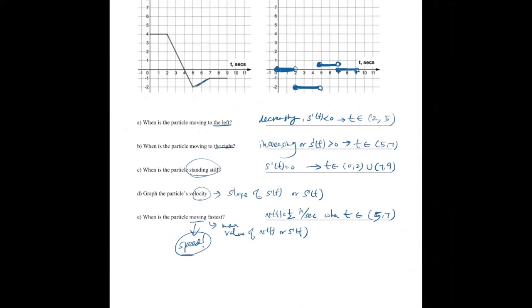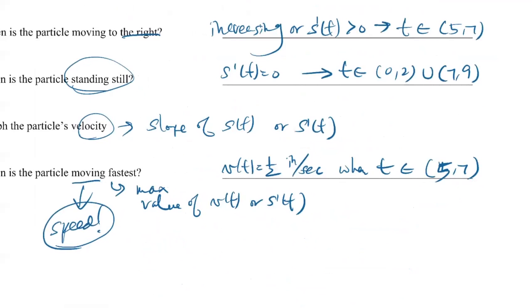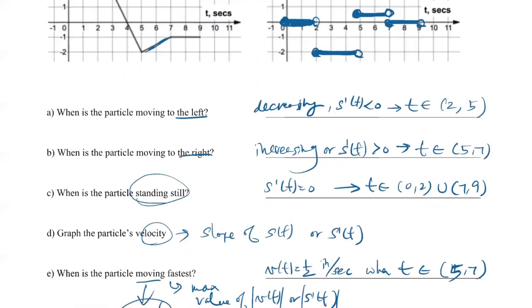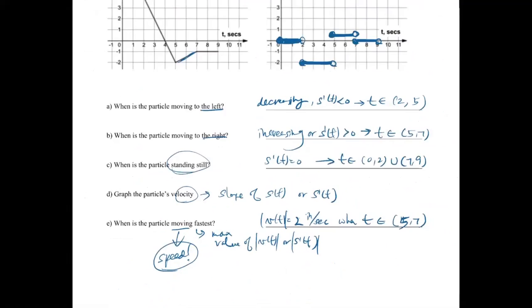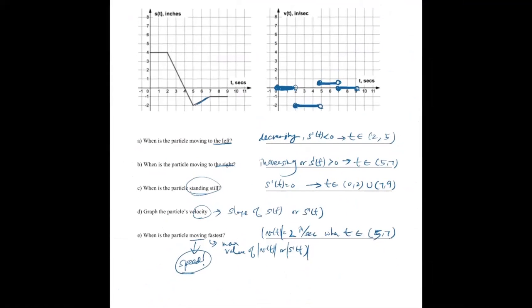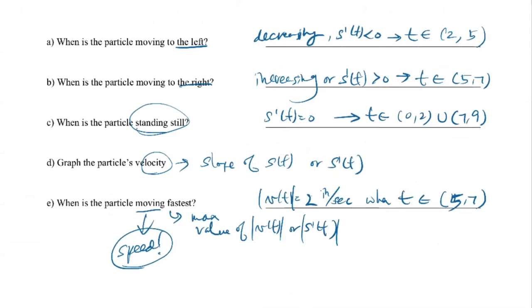So it's the maximum value of the absolute value of this. So I kind of made a boo-boo here. So the velocity here, the absolute value of that is actually, what is it again, guys? -2, isn't it? Absolute value of that makes it 2. Oopsie. 2. And that goes from 2 to 5. Okay. 2 to 5. There you go.